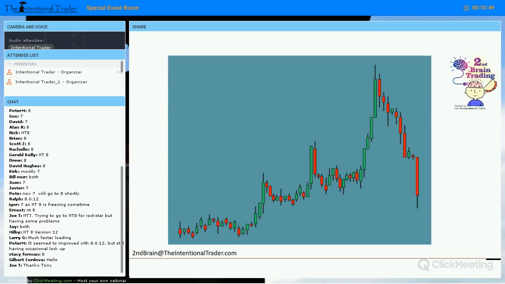All right, if you look at a trading chart, you will notice this particular pattern repeated over and over and over again.